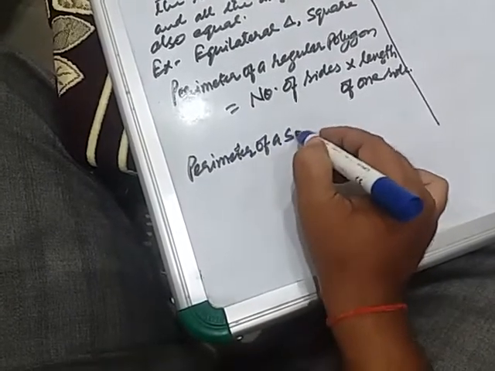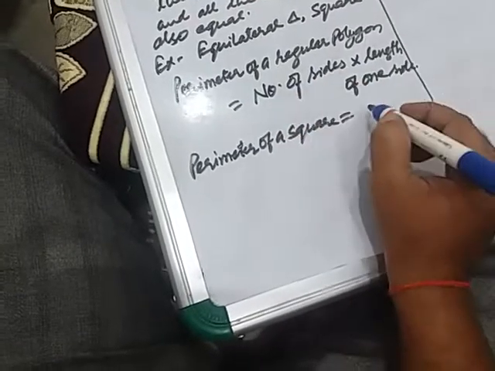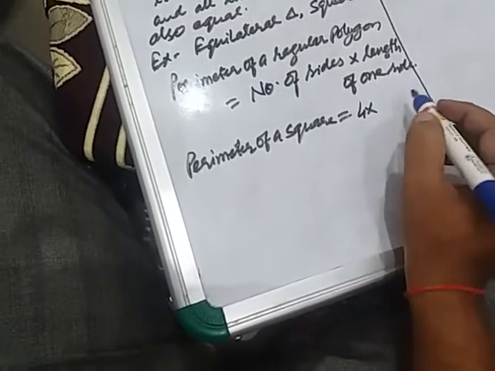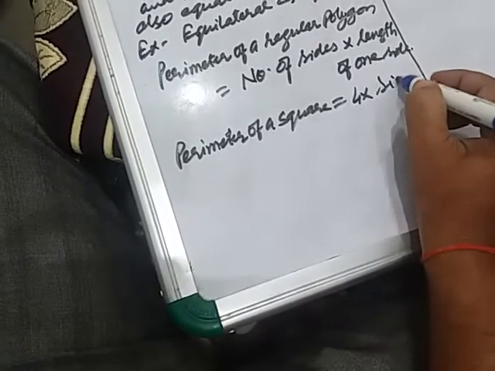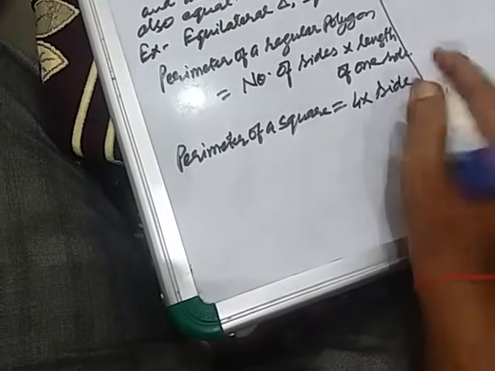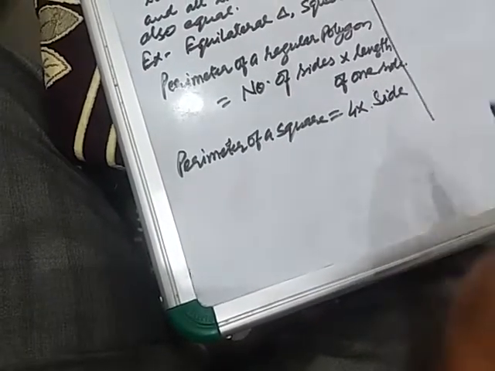For example, perimeter of a square, put the values over here. Perimeter of a square is equal to number of sides, 4, into length of one side, that is 4 into side. This is the perimeter of a square.